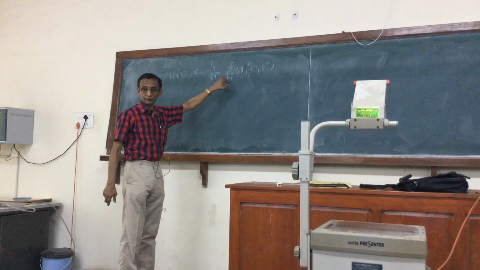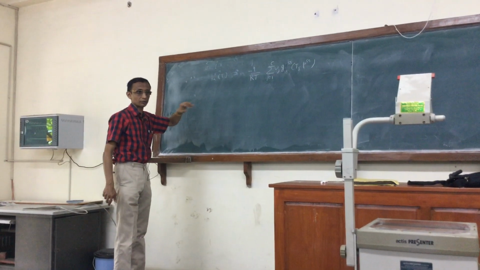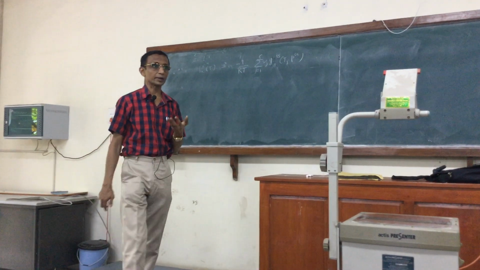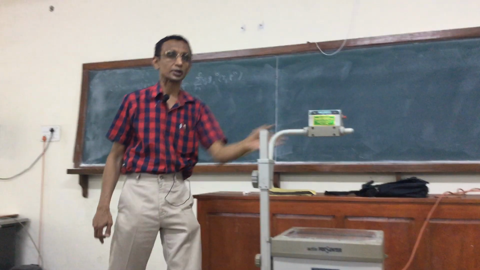So once we have done that, then we come to the left hand side and complete the calculation, which would basically involve calculating the equilibrium extent of reaction or the equilibrium conversion.